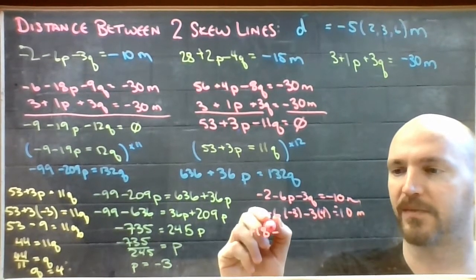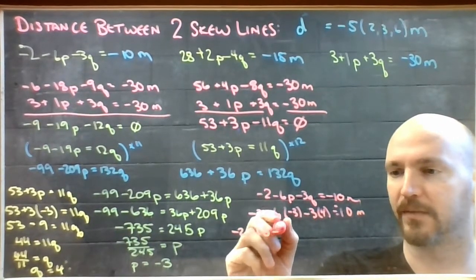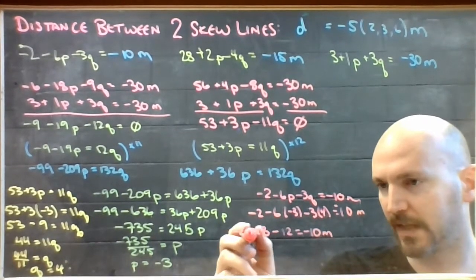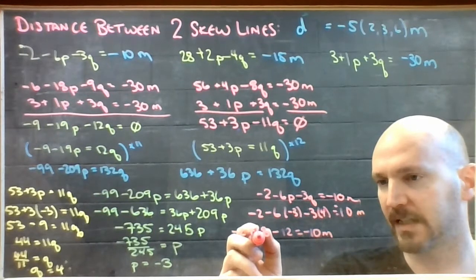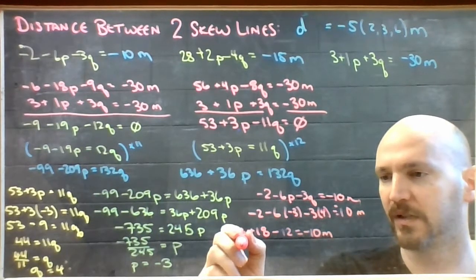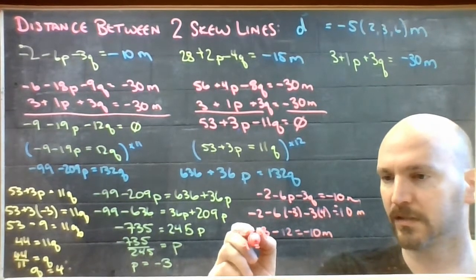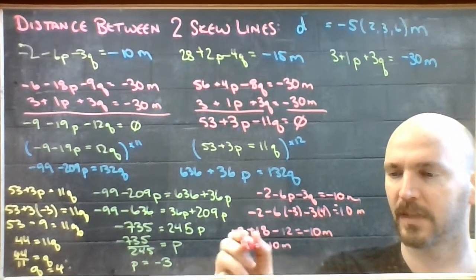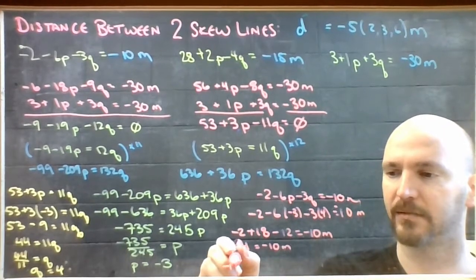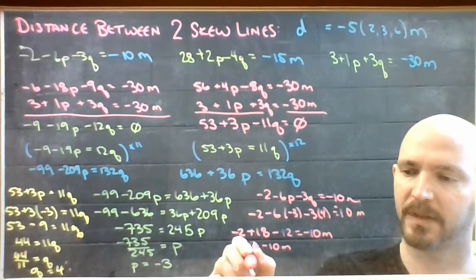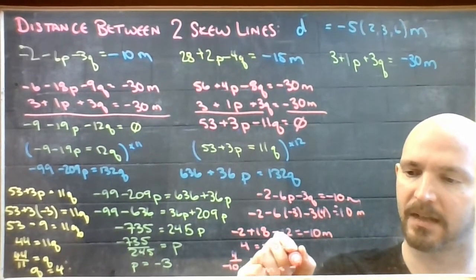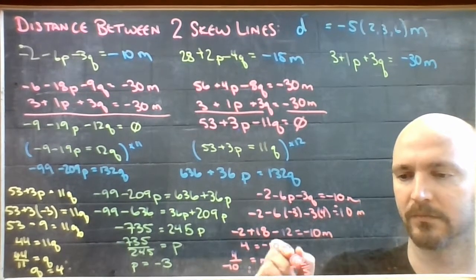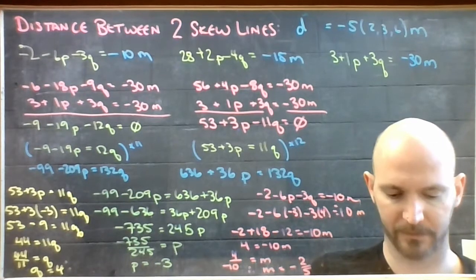Negative 3 times 4 is negative 12. Negative 2 plus 18 would be 16. 16 minus 12 is 4. Is that right? Yep. 4 divided by negative 10 is m. Therefore, m is negative, is that 2/5? All right.